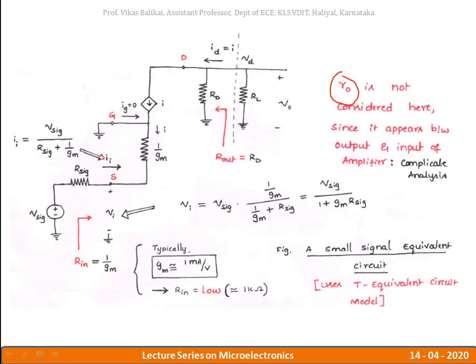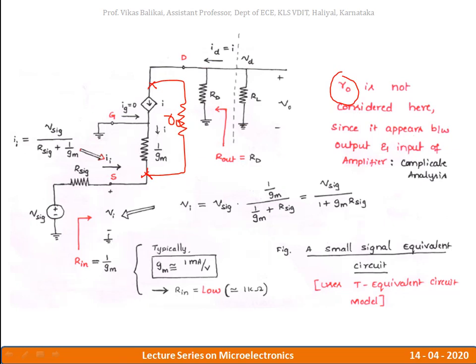If I consider R0, remember R0 will be present between the drain and source terminals.